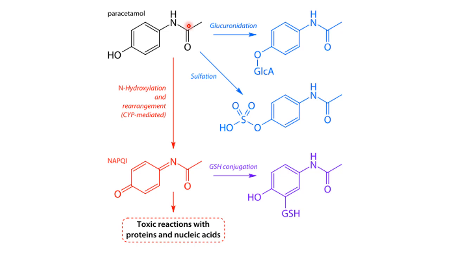The majority of the paracetamol will be catered by the phase 2 reaction of glucuronidation, where at the hydroxyl group of paracetamol, a glucuronic acid is attached. Here's this one. This will be very water-soluble already.